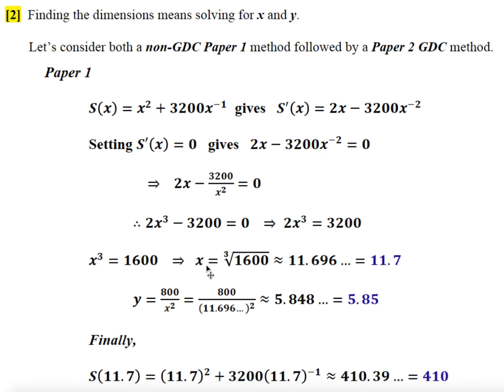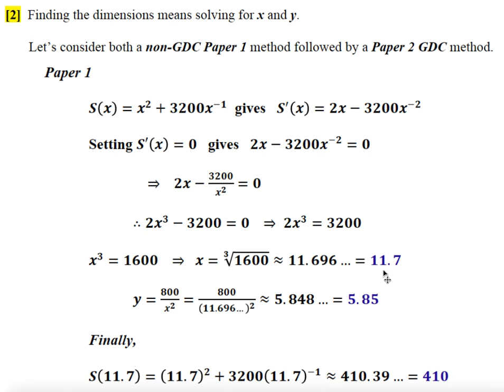And if you store that value as you should, if you're in a paper 2 context, and then consider the y value that goes with it, so you're most accurate in terms of the 3 sig fig rounding here. So these are the actual dimensions in question.